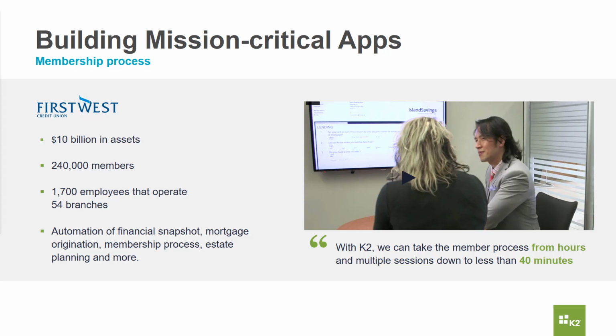And then as we look at the actual time benefit to those members, we can see a new member process that used to take hours being reduced down to less than 40 minutes. So again, a better user experience for those members as they're engaging in that new membership process.